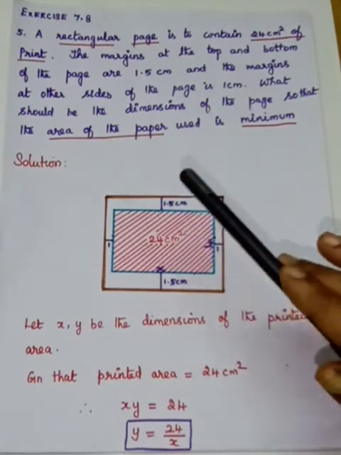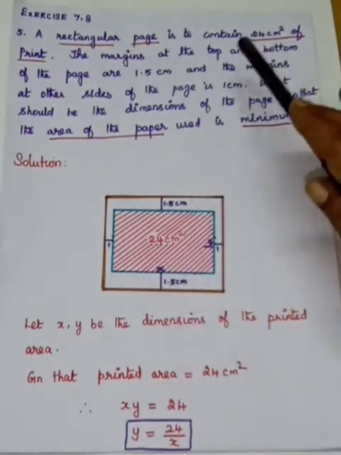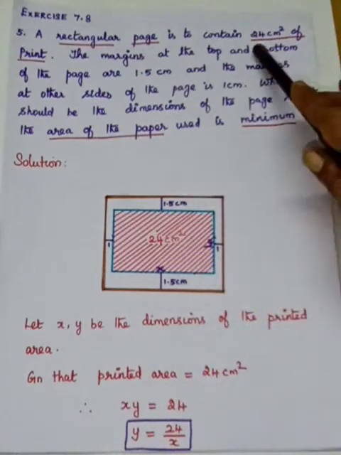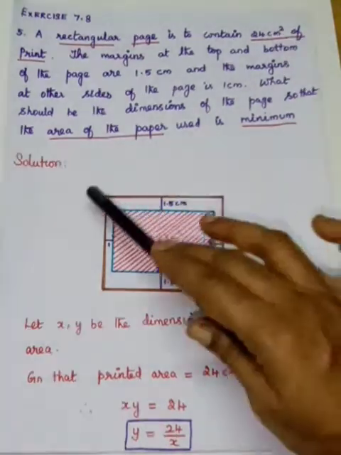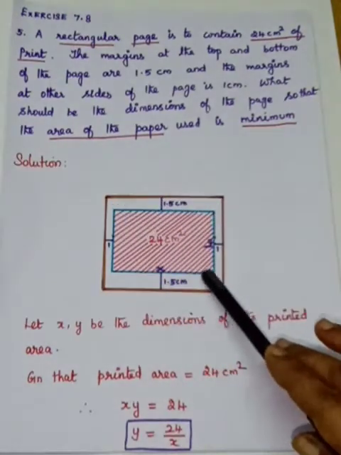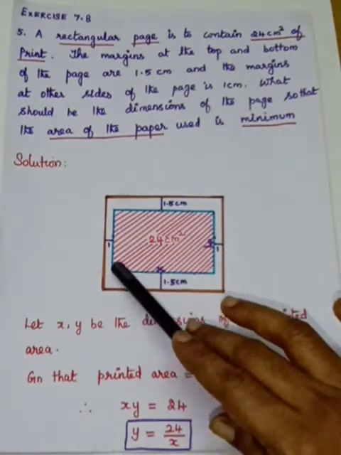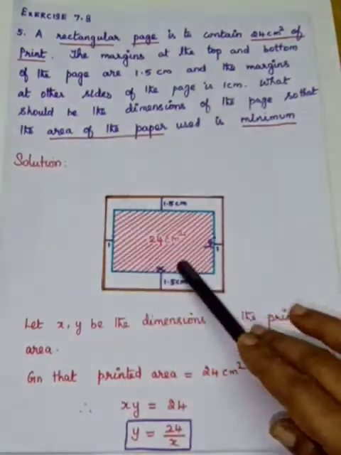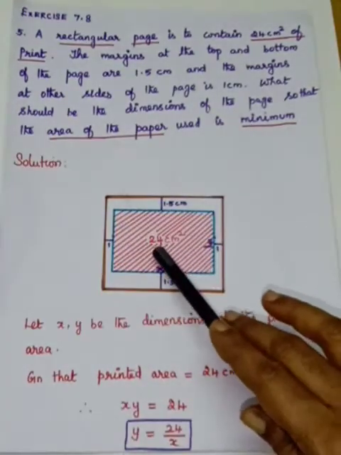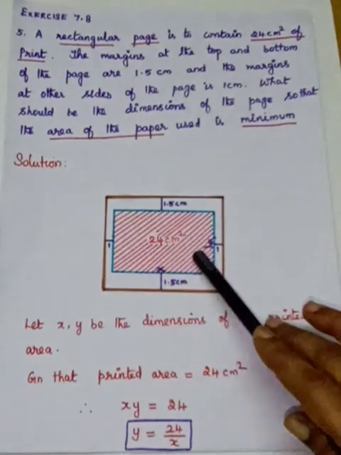That means you can print matter whose area is 24 centimeters squared on this page. Here I have marked the printed area in a blue rectangle. So the area of the printed part is 24 centimeters squared. This area is given.